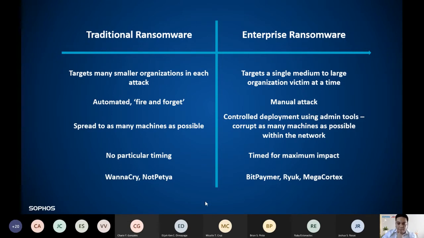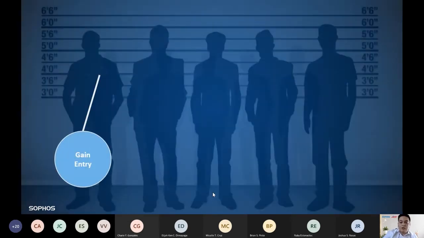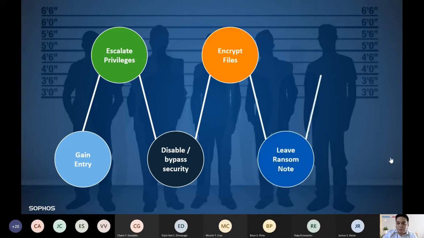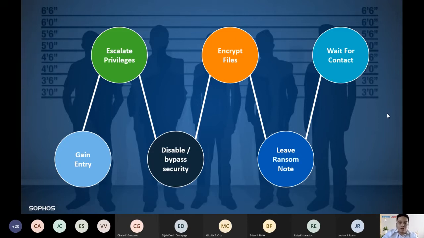Next, what does an enterprise ransomware attack look like? A typical attack looks like this. First is gaining entry via remote file sharing, using RDP protocols. Malware such as Emotet, TrickBot, and QBot goes into an organization, gaining entry to the targeted organization.